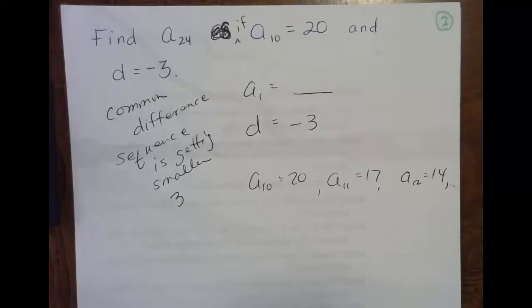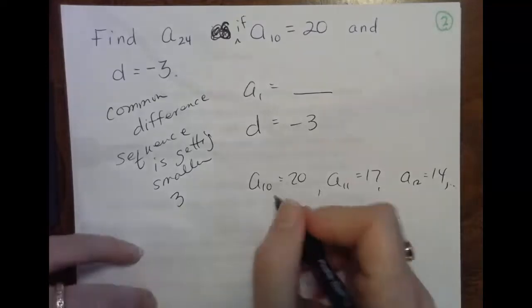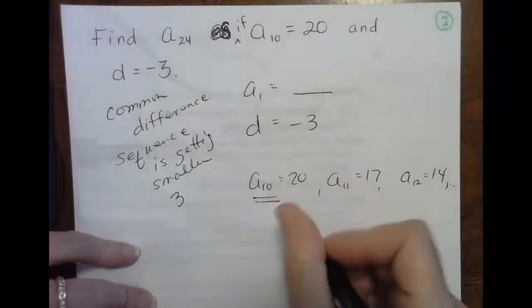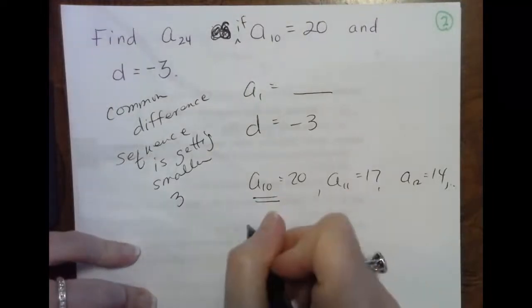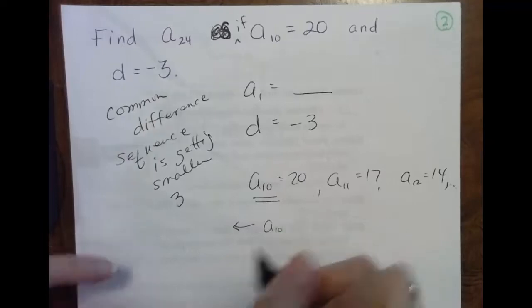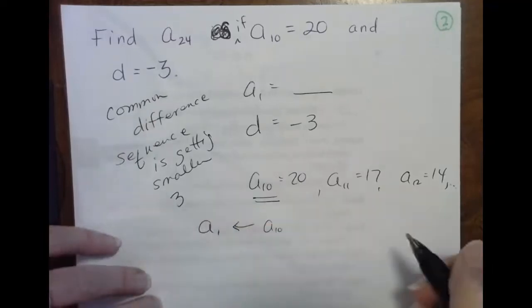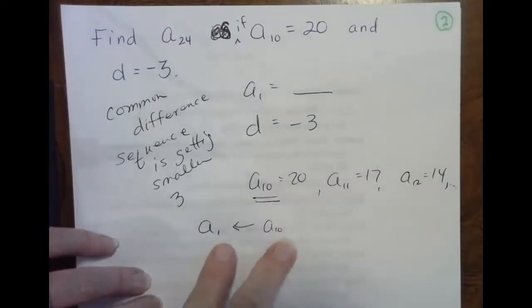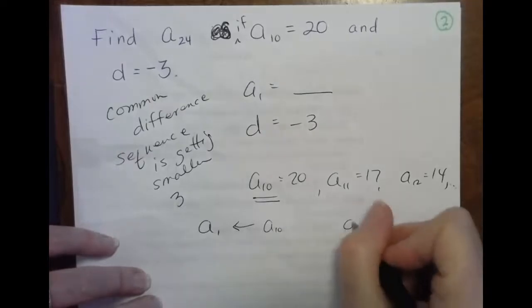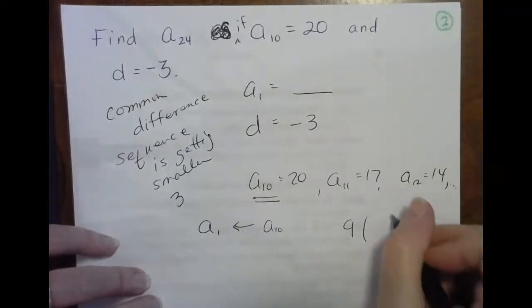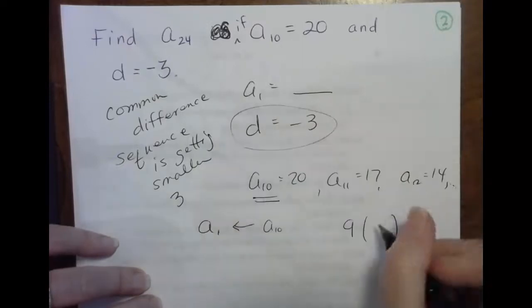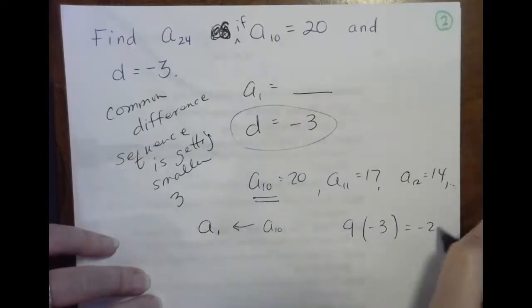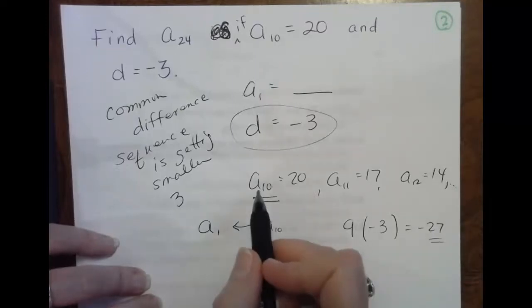If the common difference is negative 3, and we know a sub 10 is 9 behind a sub 1. So if we say 10 minus 1, we get 9. And we multiply that by the common difference, we get negative 27. So we can use this 27 and we can backtrack.